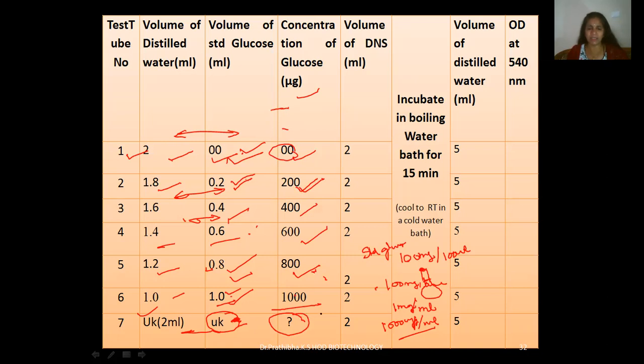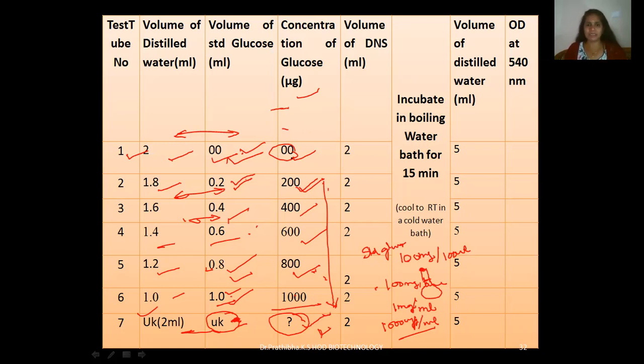How much concentration? We can check through the standard graph. We'll take these ODs as a standard graph, and using it we can plot the unknown. We'll be able to find out how much glucose is present in the 7th test tube.